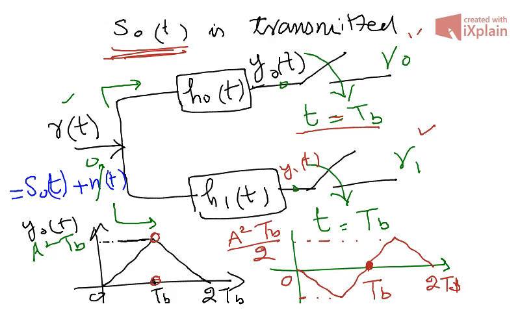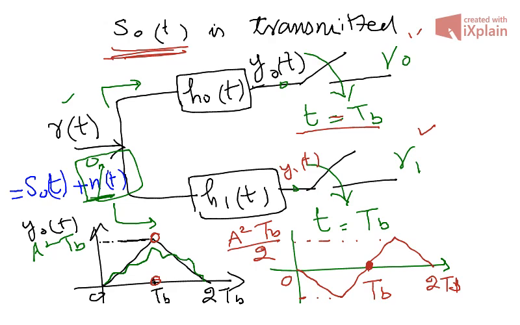Now, if the noise term is not 0, if it is present, it means we still sample our signal at t equal to TB, but we may get a distorted waveform, right?